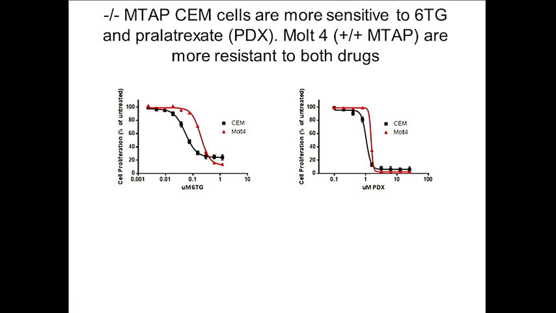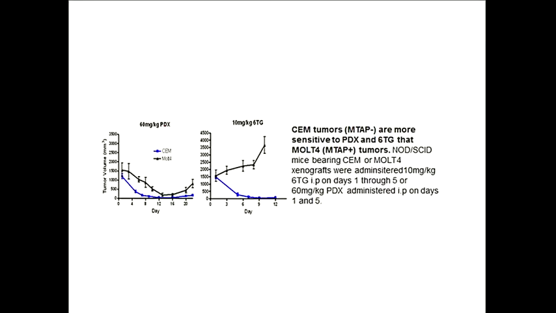So what about in vivo? Phil Tedeschi, our graduate student who's here, looked at the effect of pralatrexate and 6-thioguanine in tumors, in xenografts in the mouse.